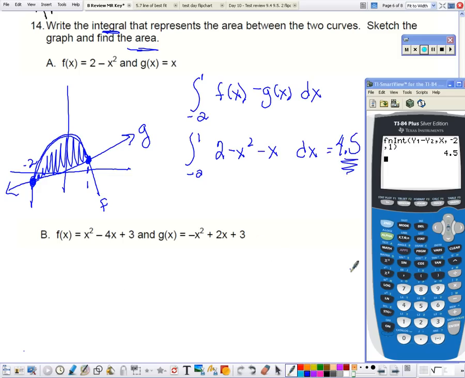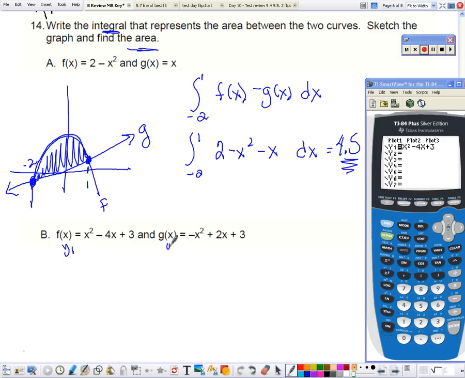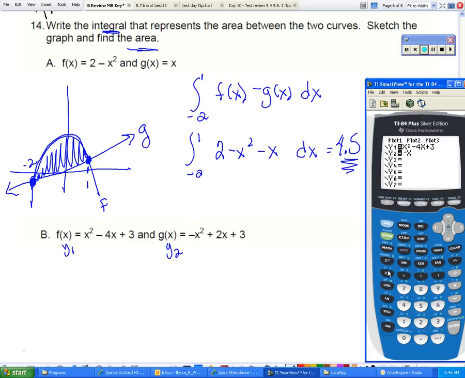So now we're going to do the same thing for b. So f I put in y1 and g I'm going to put in y2. I'm going to graph those.